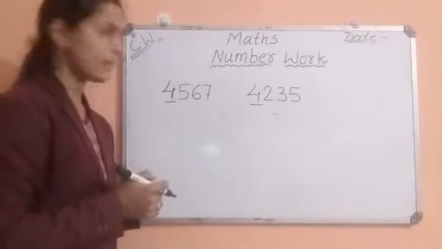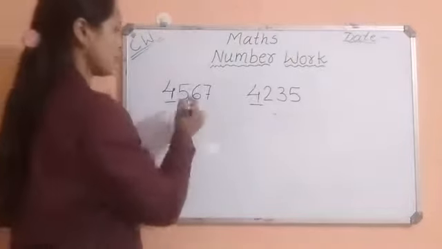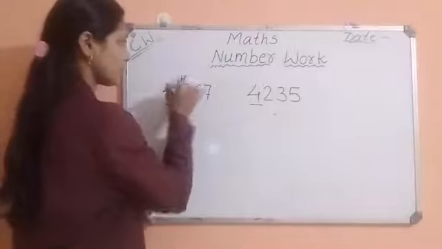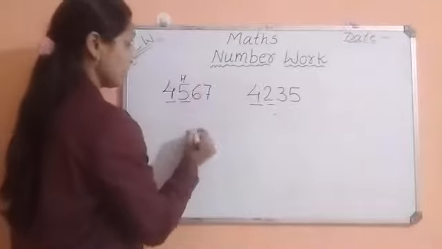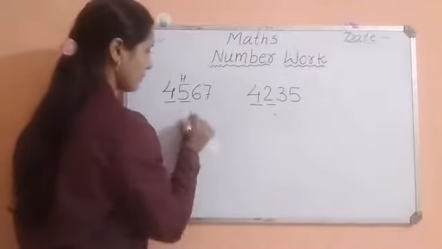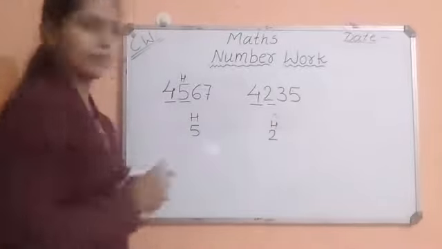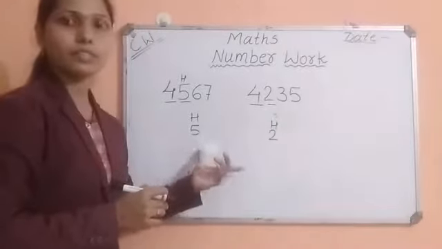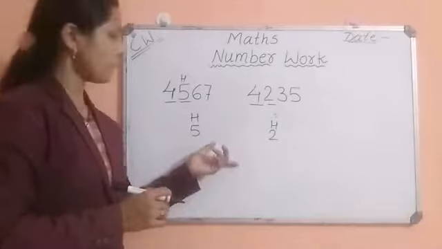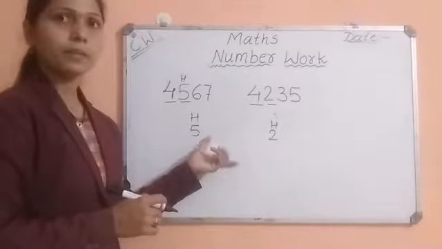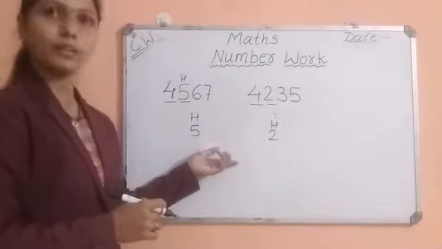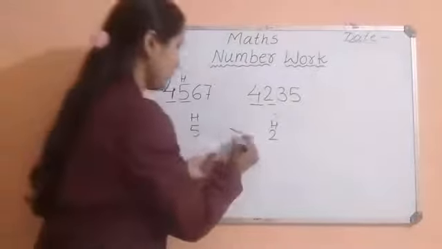Yes, take the next place to compare, that is 100 place. Now see, 5 is here, 500, and here 200. Now compare these two digits, which one is the bigger one, 5 or 2? Correct, 5 is the bigger number.